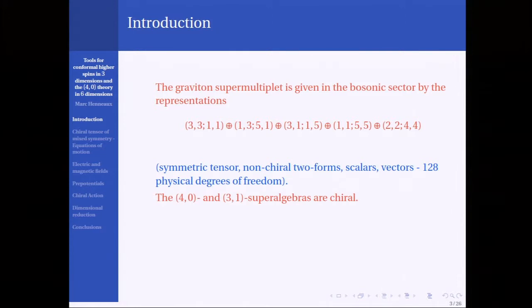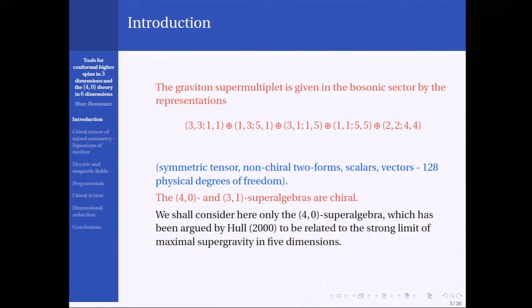The other algebras are chiral, so the spinor supercharges are not symmetrical with respect to the 2 inequivalent representations. The (4,0) superalgebra was argued some time ago by Chris to be related to the strong coupling limit of maximal supergravity in 5 dimensions.